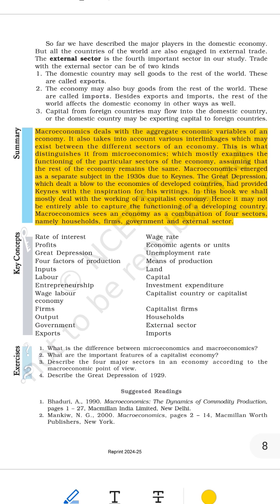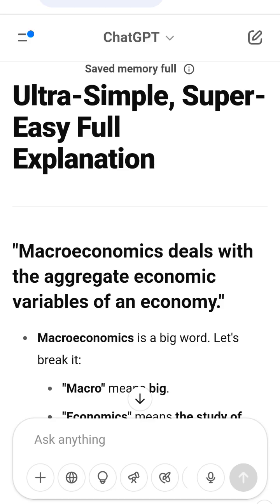In this book, we shall mostly deal with the working of a capitalist economy. This book will mostly talk about capitalist economies. Capitalist economy means people own businesses. People work for money. People buy and sell freely. Simple example: in India or the USA, people open shops, factories, companies. That's capitalism.